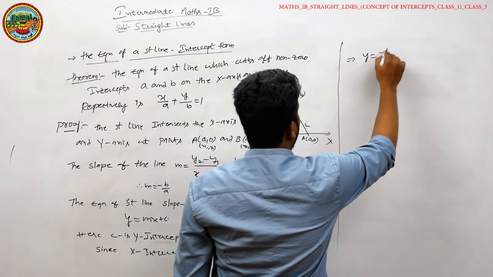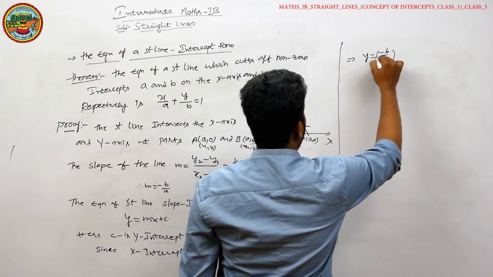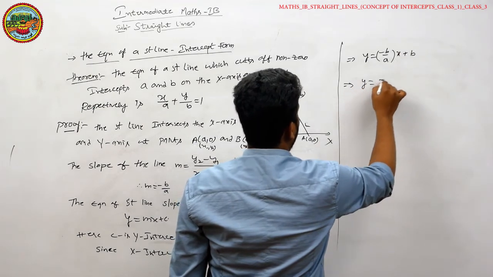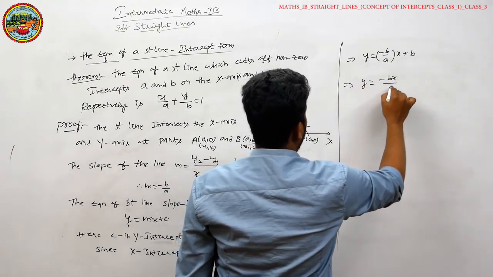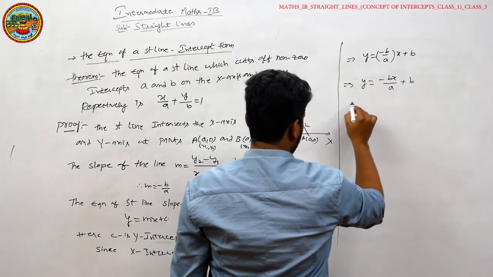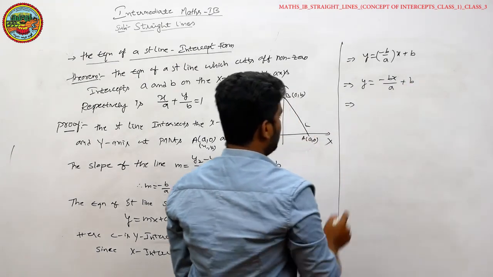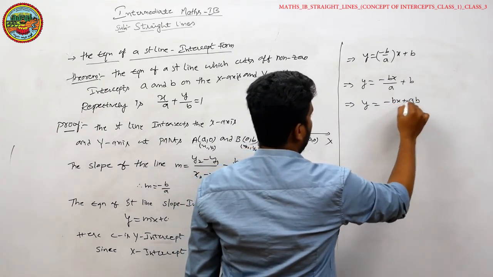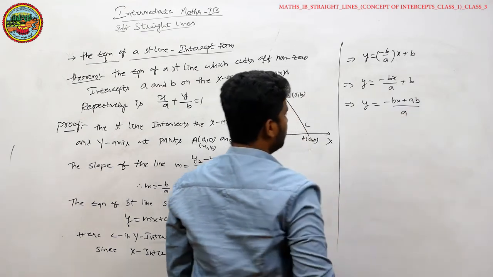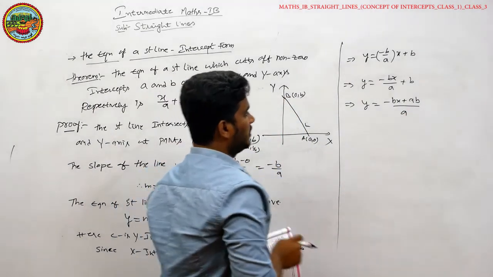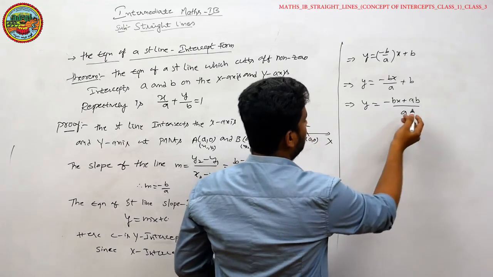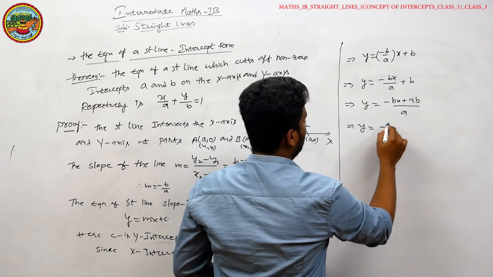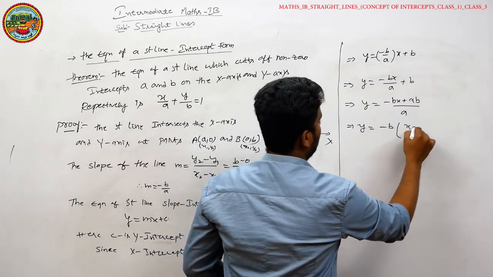y is equal to minus b by a into x plus b. Which implies y is equal to minus bx by a plus b, which is equal to y is equal to minus bx plus ab by a. So by taking b as common, y is equal to minus b times x by a plus 1.